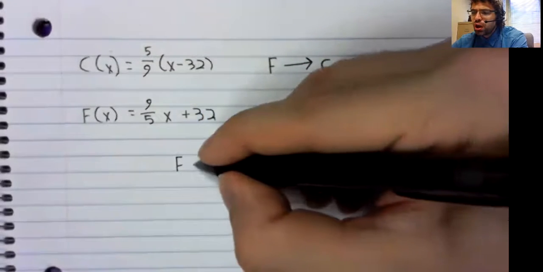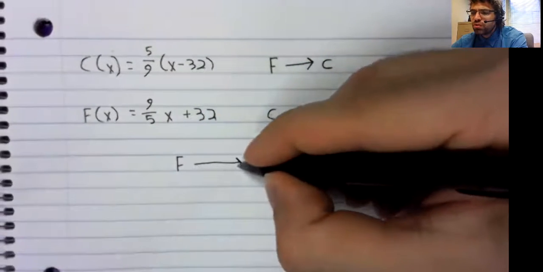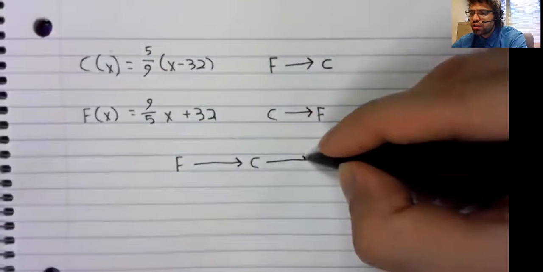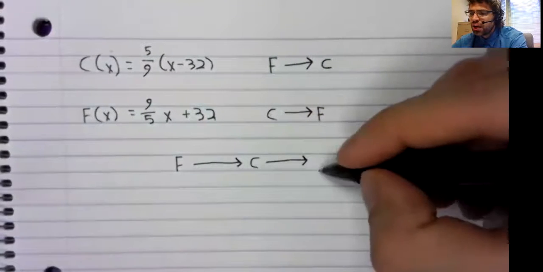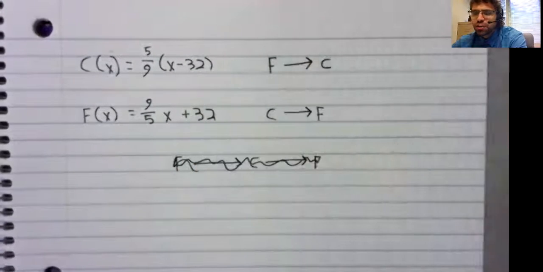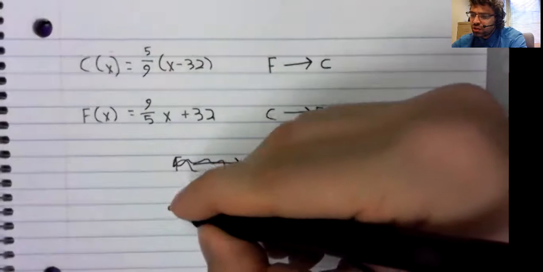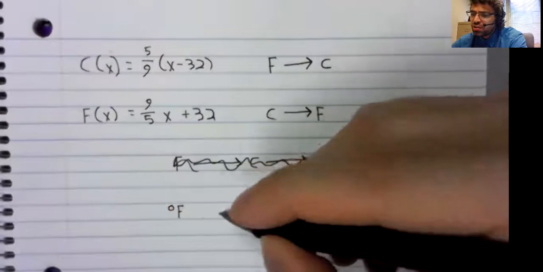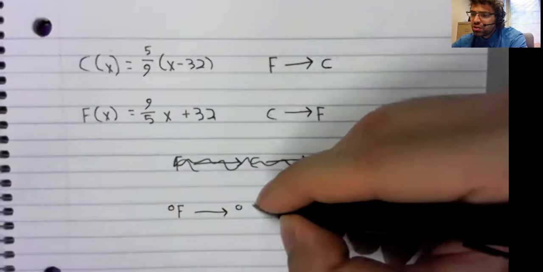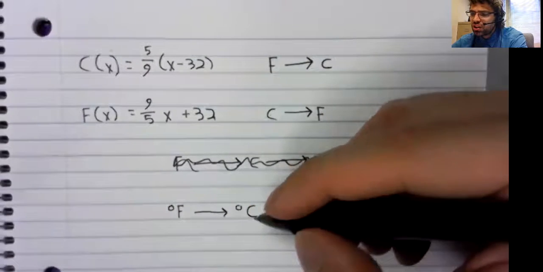We could compose these functions together. That's not great notation. We could take degrees Fahrenheit and convert it to degrees Celsius.